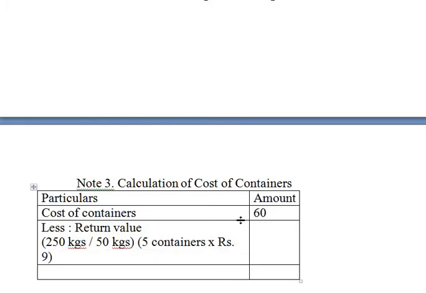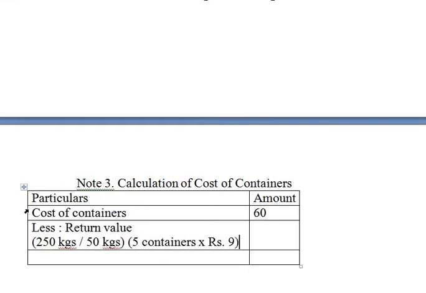Hope everybody is understanding this. Deduct this, that is 45, from 60. So it is 15. Cost of containers is rupees 15. Now we will solve the problem.